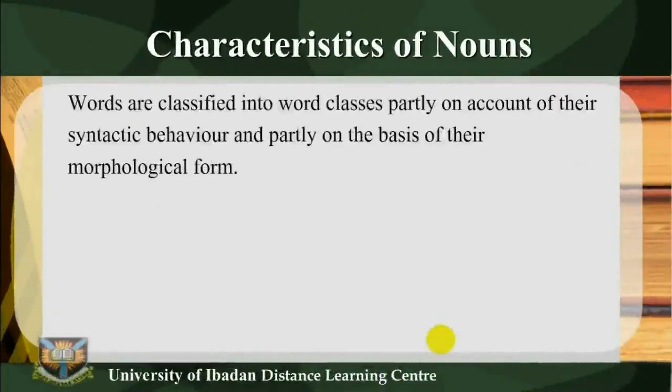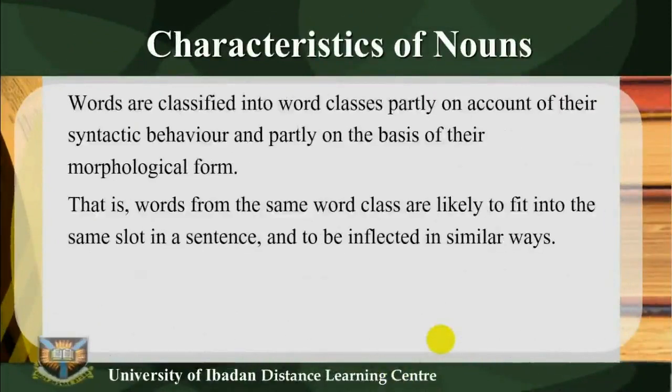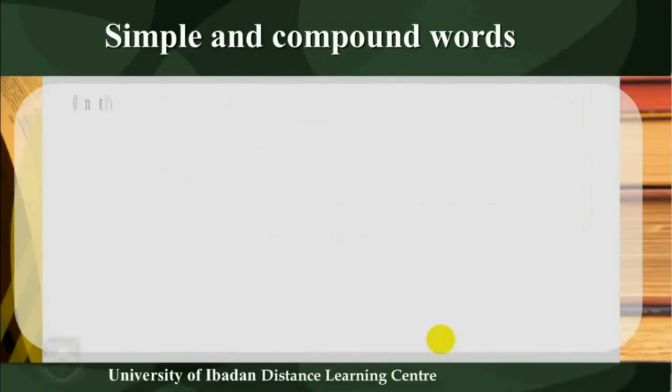Words are classified into word classes partly on account of their syntactic behavior and partly on the basis of their morphological form. That is, words from the same word class are likely to fit into the same slot in a sentence and to be inflected in similar ways.